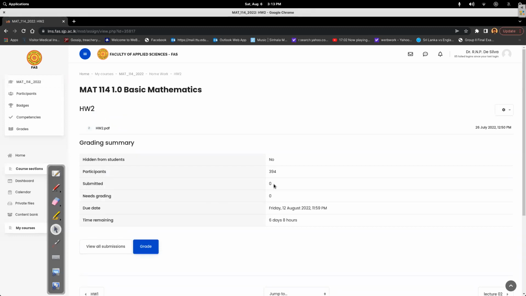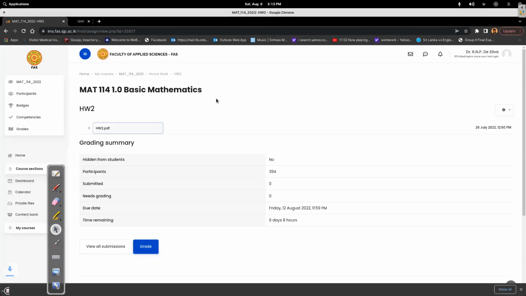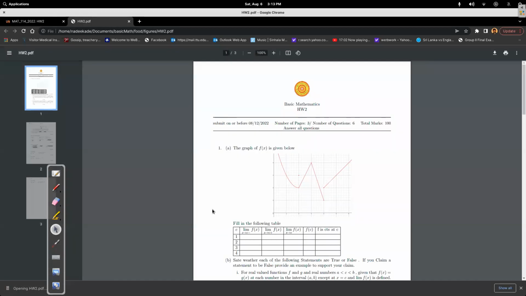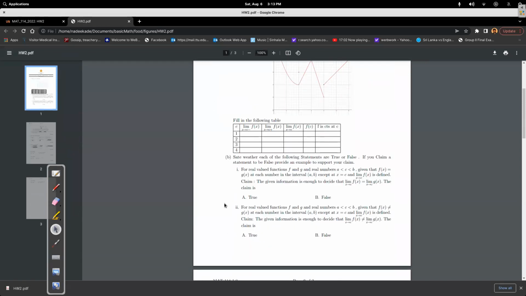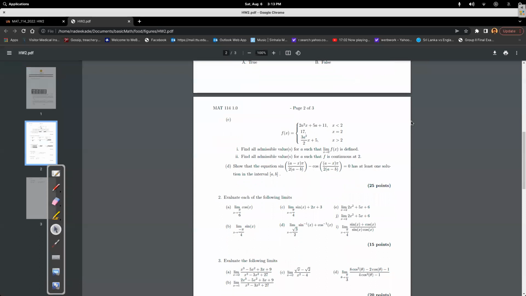Maybe I will push it back 2 days more, so it collides with the two classes more. So now you can do question 1 and question 2. This one part C, I will go over that next time.